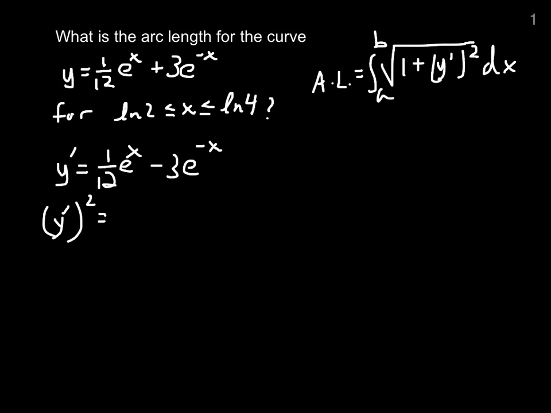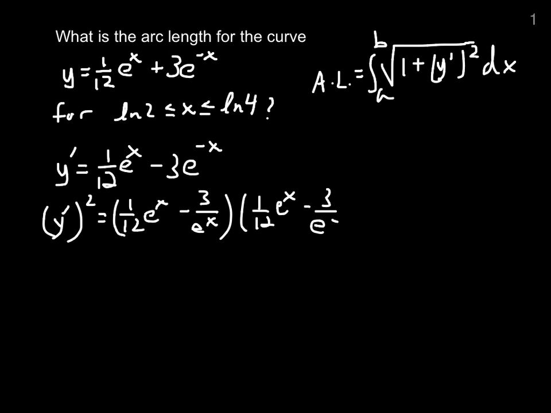Let's take this and multiply it out by itself. Now let me write it like this. Okay, great. Now let's FOIL it out.